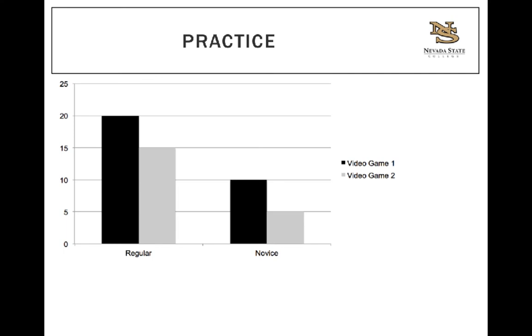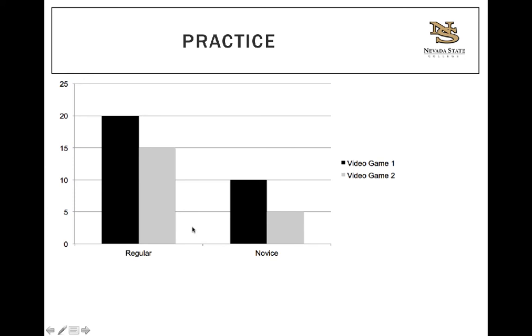All right, so let's look at what the data look like for these players. Here's a graph. We've graphed the regular players on the left, and these are the results for video game 1 and video game 2. And then we've graphed the novice players on the right, with their score for video game 1 and their score for video game 2.